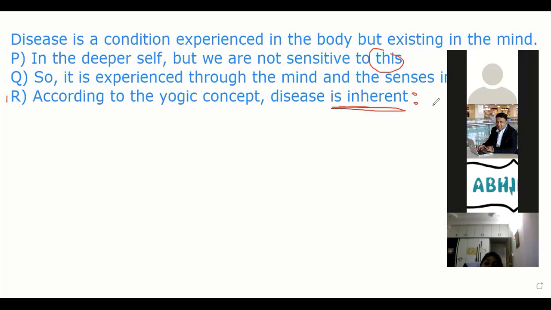So it is inherent in the deeper self. You have to complete the full phrase, right? Good. So first is R, second is P, third is Q. Very easy, guys. Inherent means internal, inside, it's all similar.